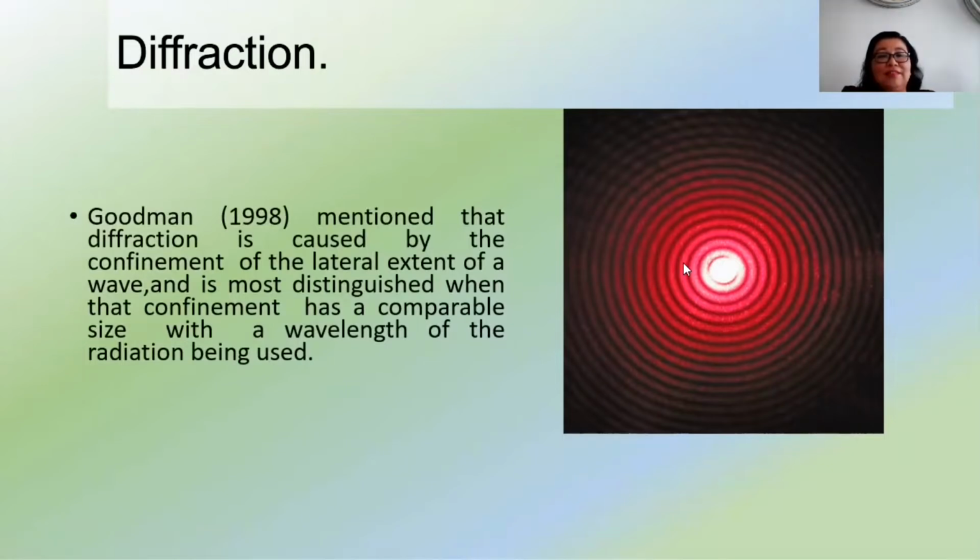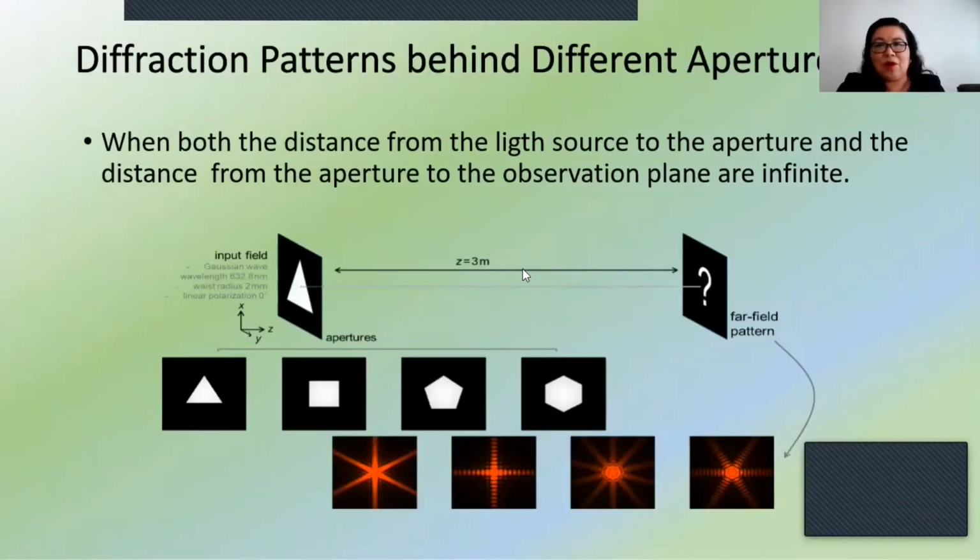Goodman mentioned that diffraction is caused by the confinement of the lateral extent of a wave, and is most distinguished when that confinement has a size comparable with the wavelength of the radiation being used. When both the distance from the light source to the aperture and the distance from the aperture to the observation plane are infinite, we talk about Fraunhofer diffraction.